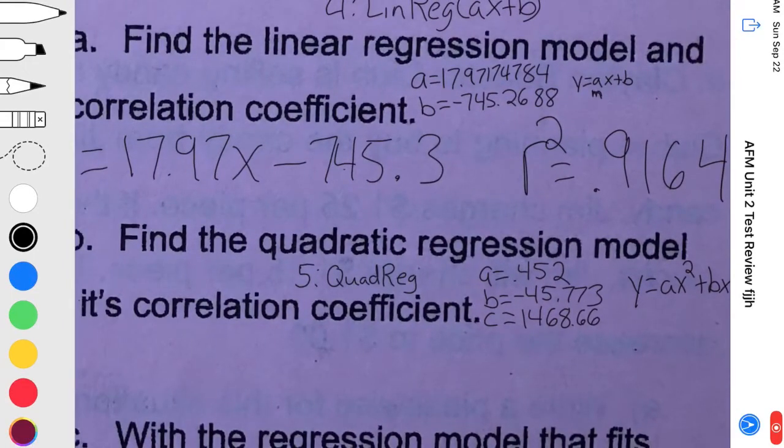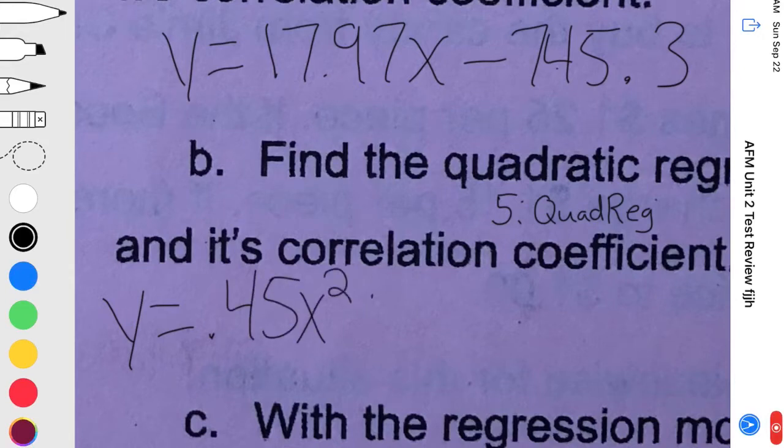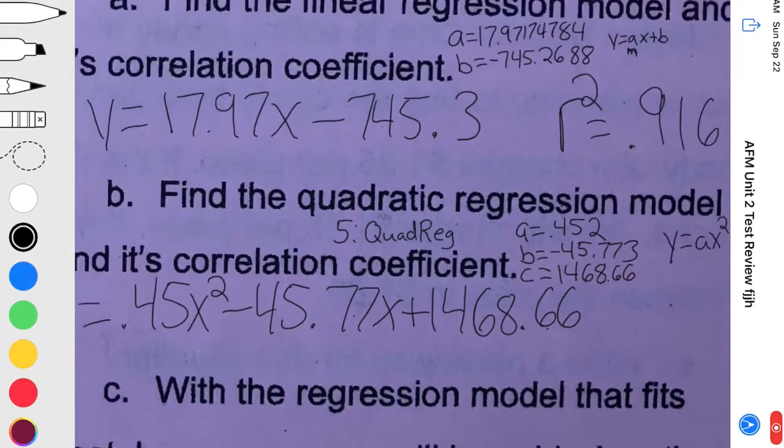So we're substituting those a, b, and c's in, and we get the equation y equals 0.45x squared. It's not going to be plus because our b is negative, so subtract 45.77x. And then plus our c because it's positive, 1,468.66.